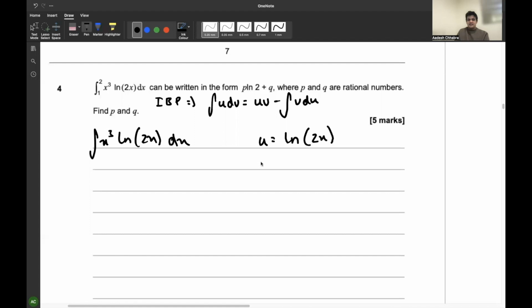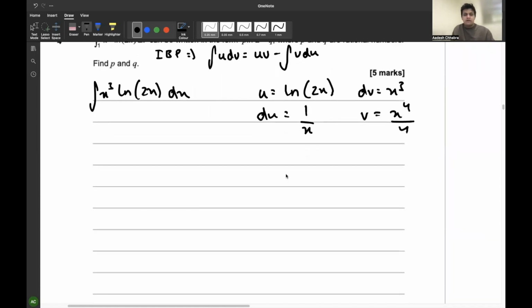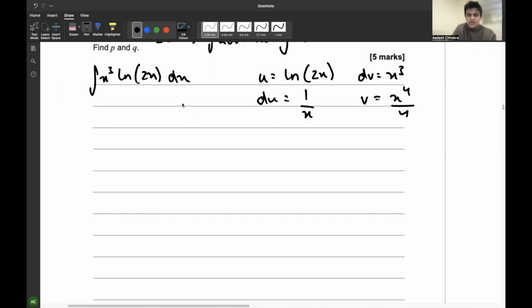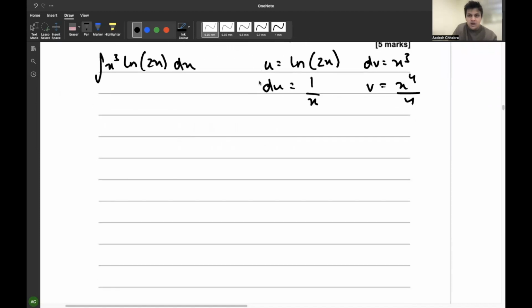Then du would just be its differential, which would be 1 upon x. dv would hence be equal to x cubed, and as such, v would be equal to x to the 4 by 4, which is the integration of x cubed. Now that I have my 4 values, I go ahead and substitute those into the equation of IBP.